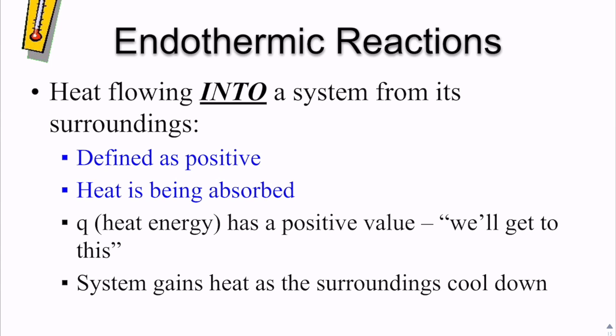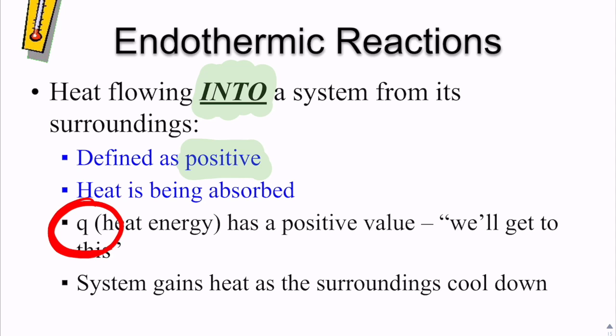So if it's going to increase in energy into, we're going to say that it is positive. You're adding energy to it. So heat is being absorbed. We're going to get to a formula in a little bit. Now the formula we're going to use for this, we're going to use the letter Q to represent heat energy.